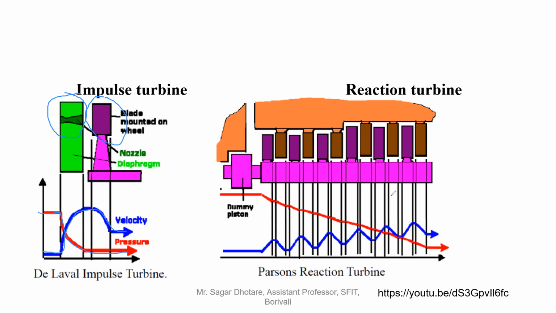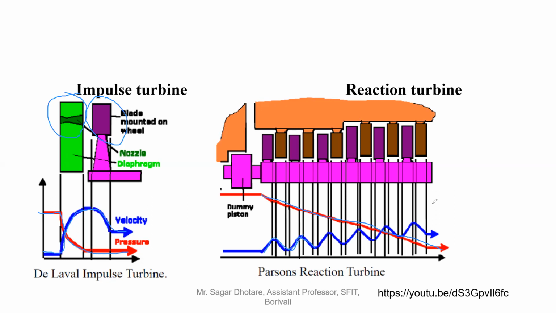But in the reaction turbine, if you look, multiple fixed and moving blade series are connected one by one. The pressure is continuously dropping, and the velocity drops in the moving blade and again increases in a fixed blade.